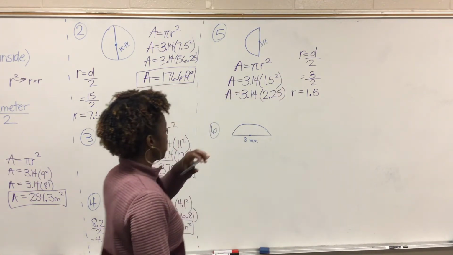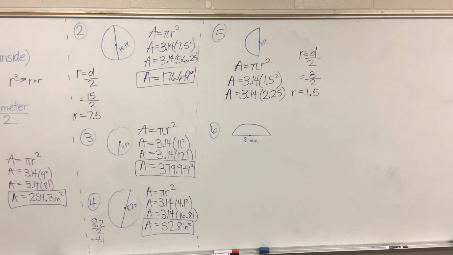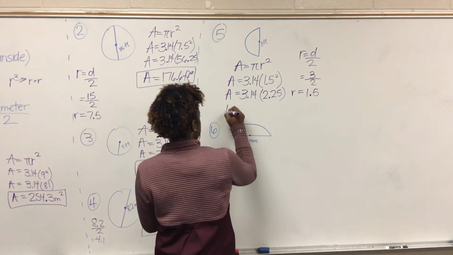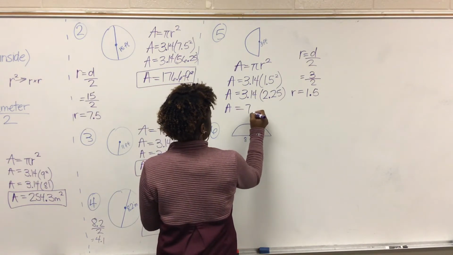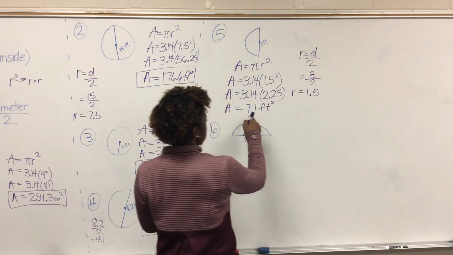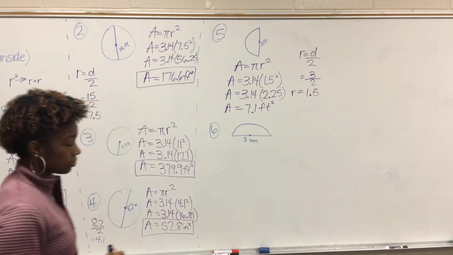So the area equals 3.14 times 2.25. I get 7.1. The area equals 7.1 feet squared. Now, this is for a circle.